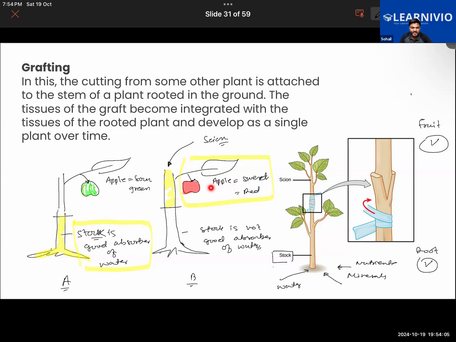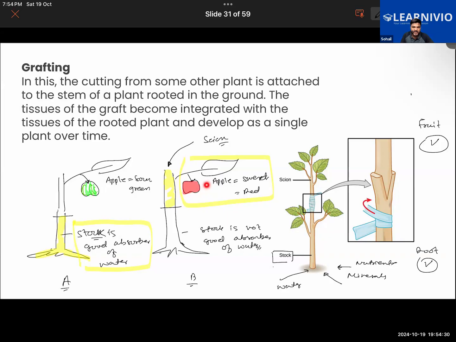When you look at the other plant here, the root system is not good, but the apple that is growing on it is sweet and red. So what we are doing here is taking this lower part of the plant and the upper part of the plant, of the same type but of a different variety.